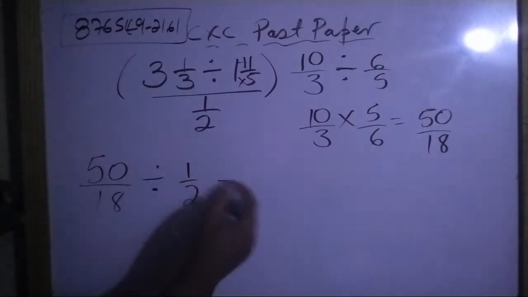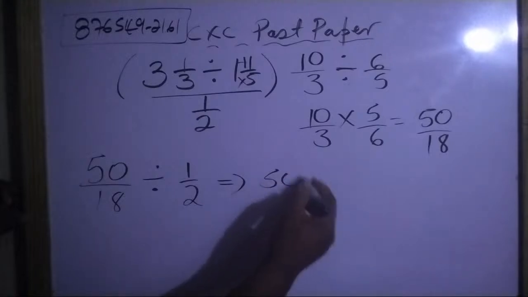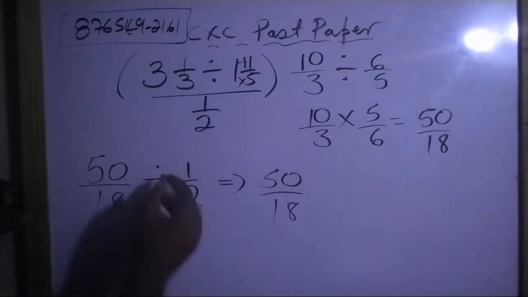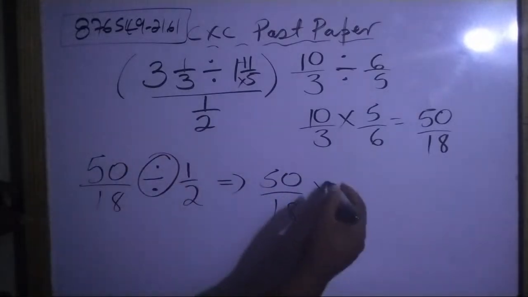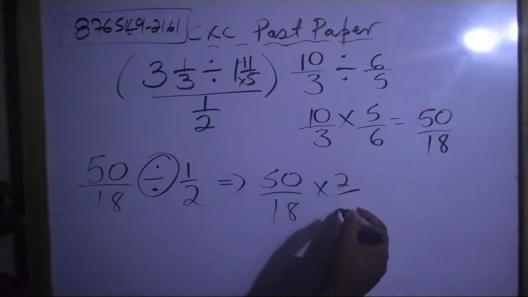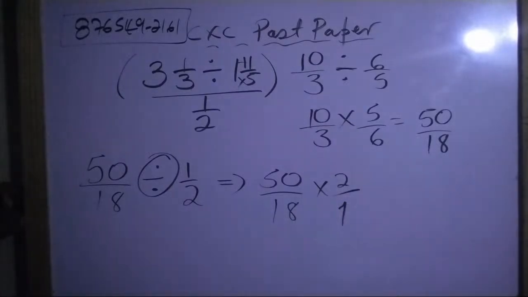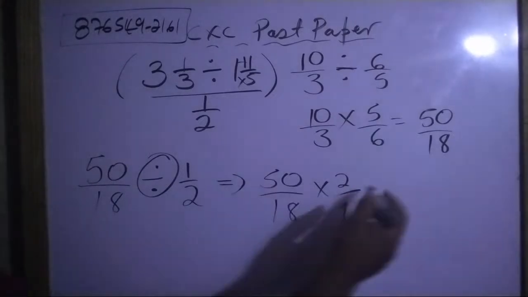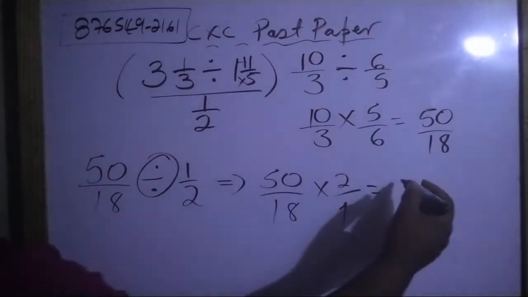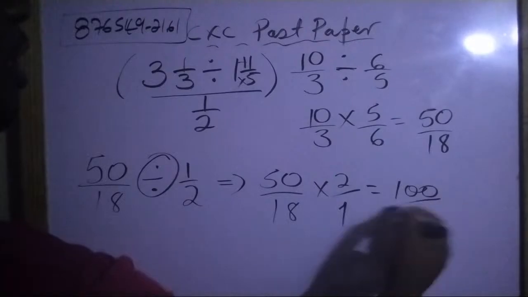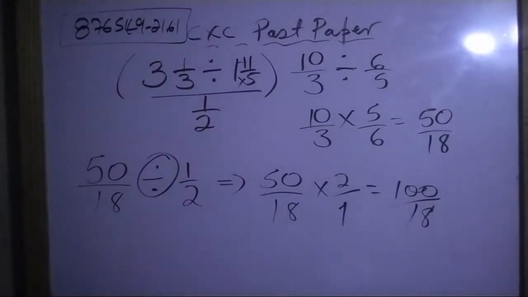Which we know, the rule says we have to write back the first fraction, change the division to multiplication and reciprocate. So that becomes that. So this now would be 50 times that, 100 over 18. So the person then, what did I say?